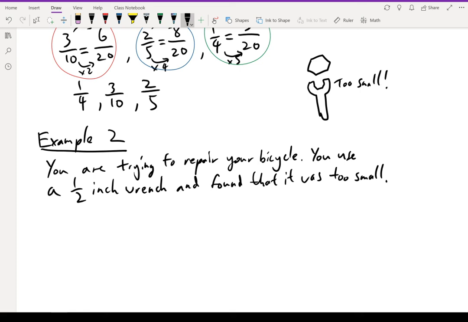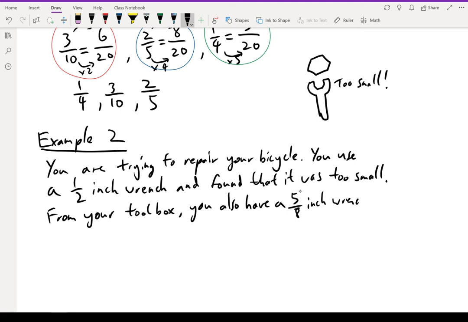Now, from your toolbox, you also have a 5/8-inch wrench and a 7/16-inch wrench.